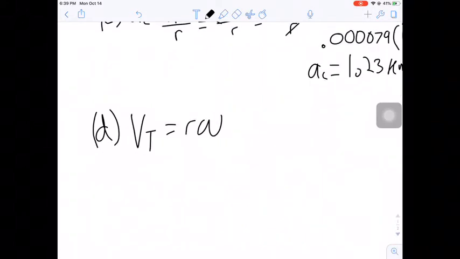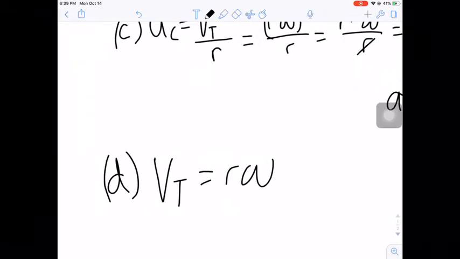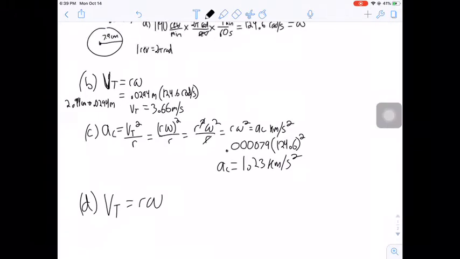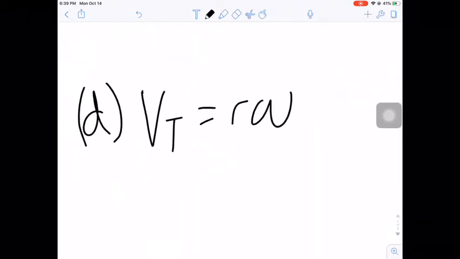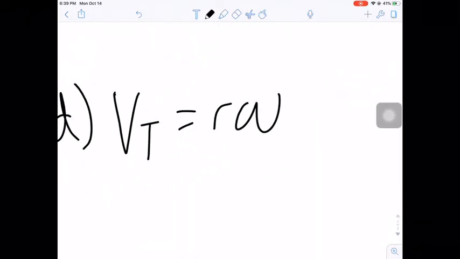Be careful not to use the earlier tangential velocity, because it's not the same r. That one asked for the r 2.94 centimeters away, but this one needs the r from the original problem, which was 7.9 centimeters.